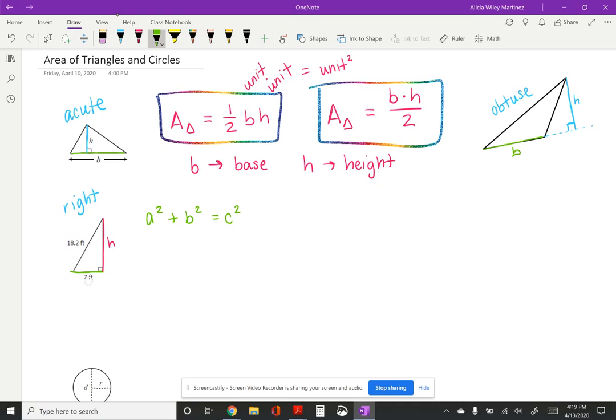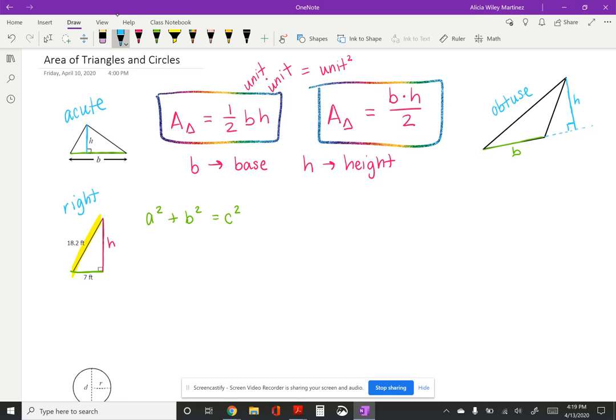So this is going to be a leg squared plus a leg squared is our hypotenuse squared, hypotenuse being opposite the right angle, so represented by this length here. We do know the hypotenuse. What we don't know is the height. But as long as we know 2 side lengths of a right triangle, we can find the third side using Pythagorean theorem.